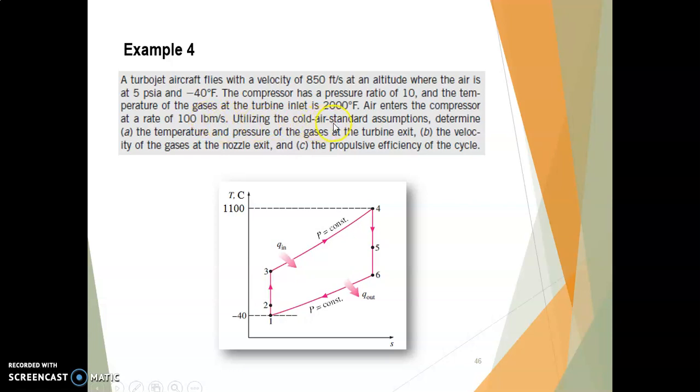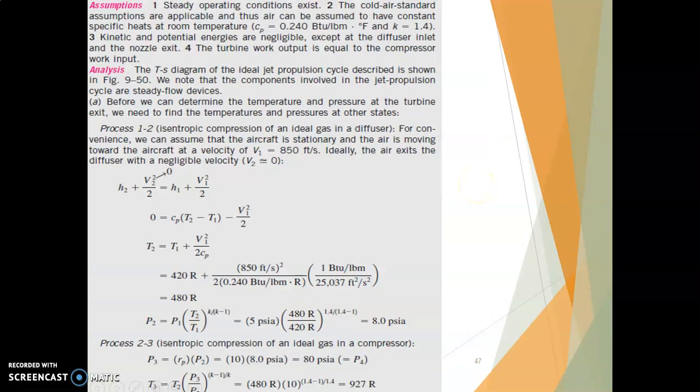So utilizing cold air standard assumption, determine the temperature and pressure of the gas at the turbine exit. Then the velocity of the gas at the nozzle exit, so we need to calculate the velocity at point number 6. Then the propulsive efficiency of the cycle.